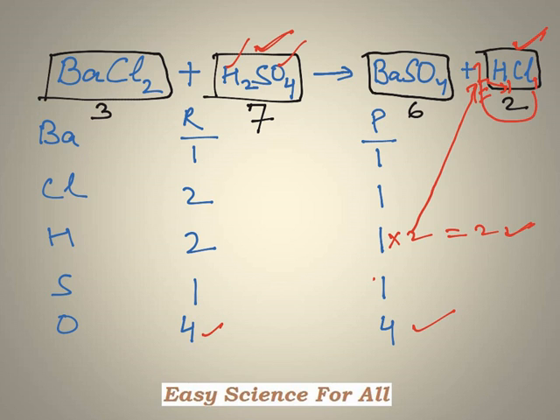Likewise, this 2 multiplied by 1 atom of this chlorine, it will also result in 2. So the new situation is like this: barium has 1 atom on both reactant and product side, chlorine has 2 atoms both on reactant and product side, hydrogen has 2 atoms on both reactant and product side, sulfur also has same number of atoms, and oxygen also has same number of atoms.